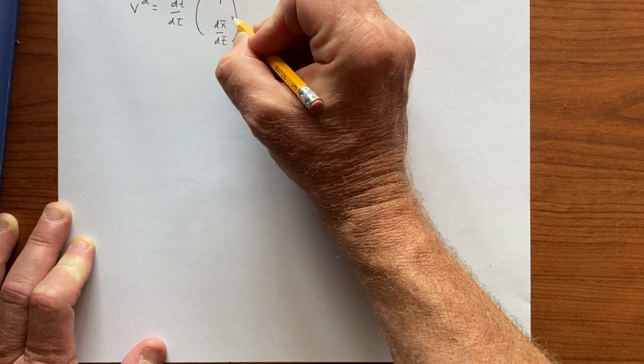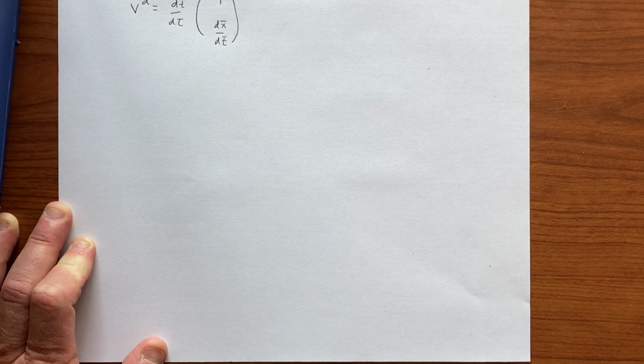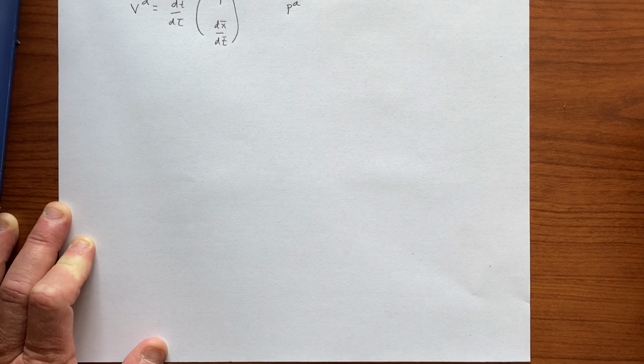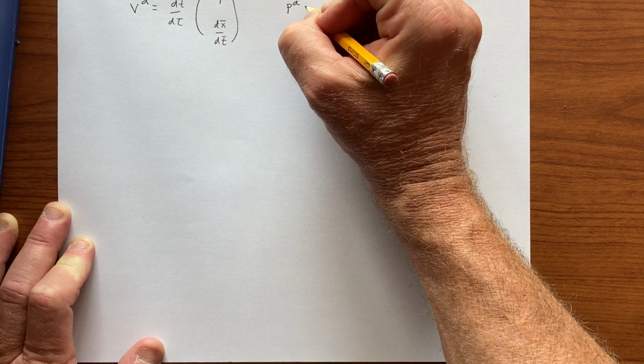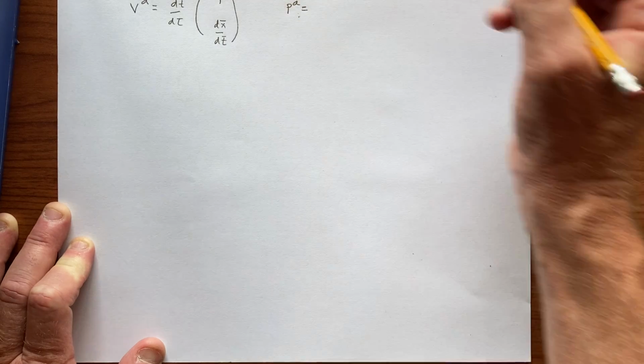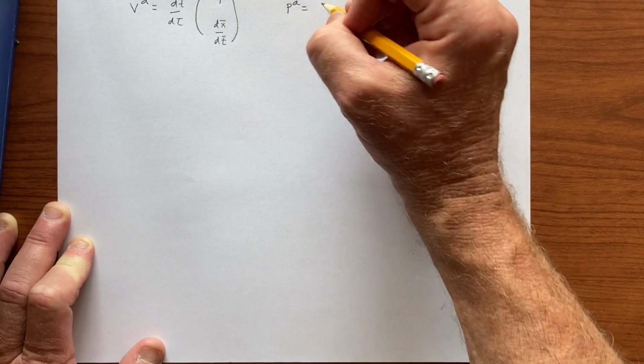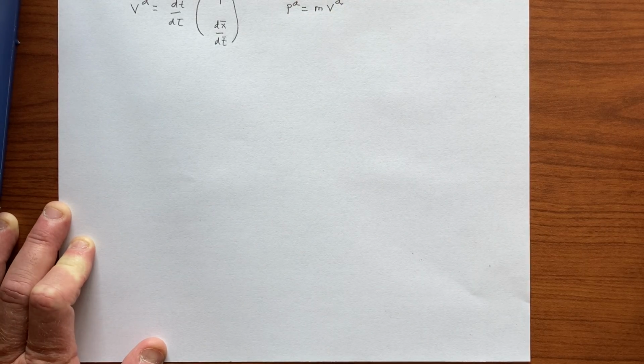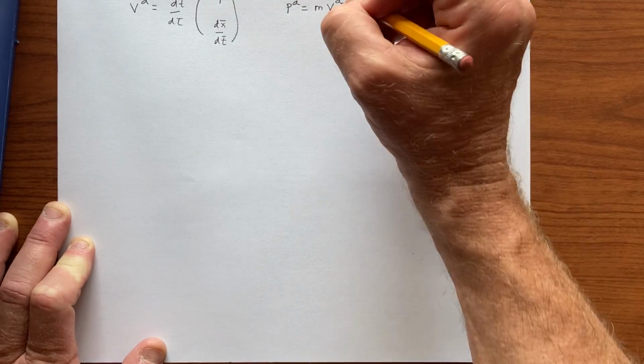But we know that if we multiply velocity times the mass, that is a momentum. So let's write P^A for the 2-vector that you get when you multiply V^A by a constant, the mass.